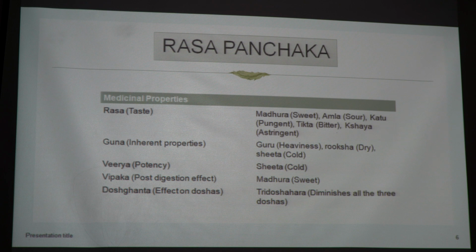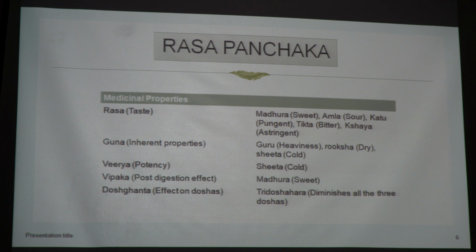Madhur, Amla, Katu, Tik, Kashay. There is no Lavan ras. Lavan as in salty. Madhur is compared with sweet, Amla is sour, Katu is pungent, Tik is bitter, Kashay is astringent. So you can see only one ras is missing. So you can see how many benefits it could have.